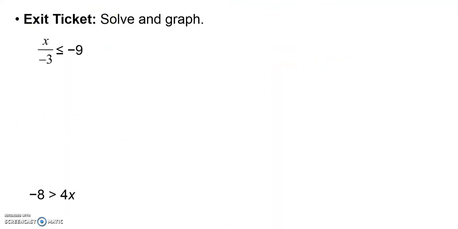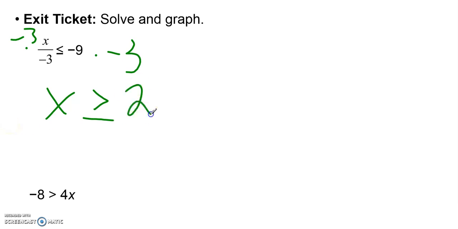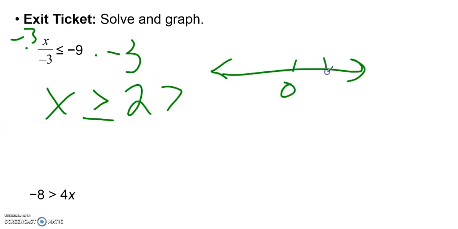And the exit ticket is right here, so I'll do one and you can do the other. So multiply by negative 3, multiply by negative 3, x is greater than or equal to, because we have to switch the way the sign is facing, and then 27. So graphing that, I have a 0, a 27, filled in circle.